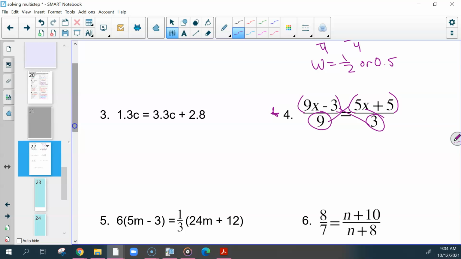So when we cross multiply, we can rewrite it. So I have 9 times 5x plus 5 equals 3 times 9x minus 3. It doesn't matter if I put this over here or vice versa, as long as you have them set equal to one another.